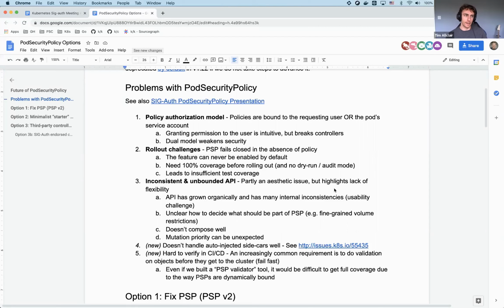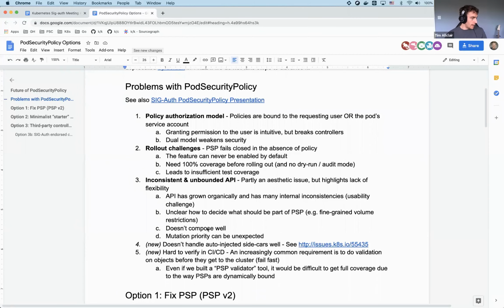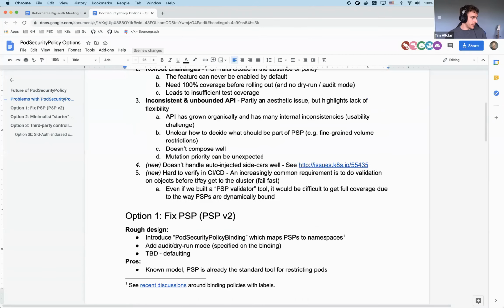For example, finer grain controls on volumes. It's unclear whether that should go in pod security policy or a separate volume policy, and where we draw the lines there.